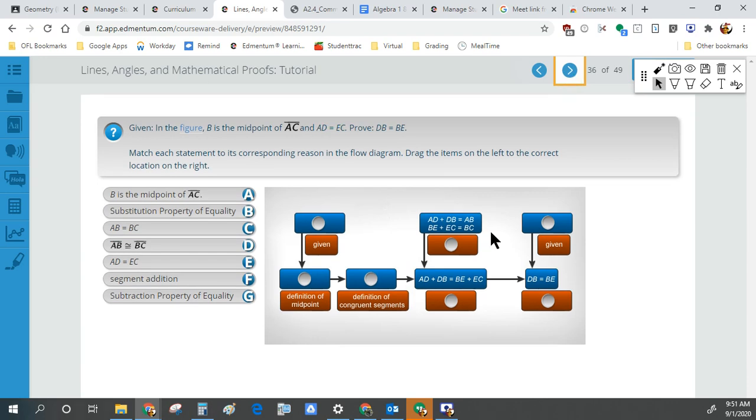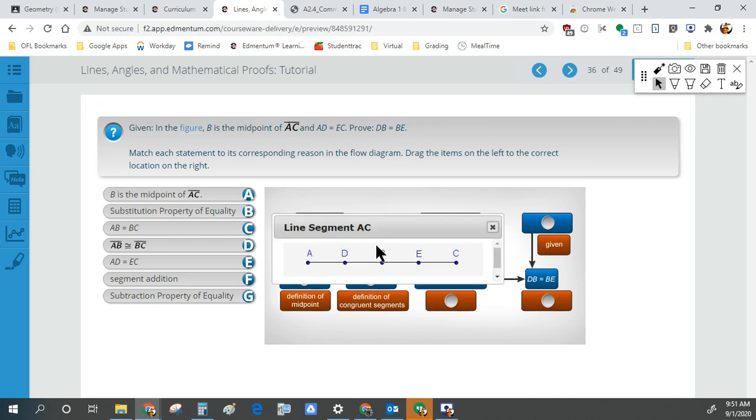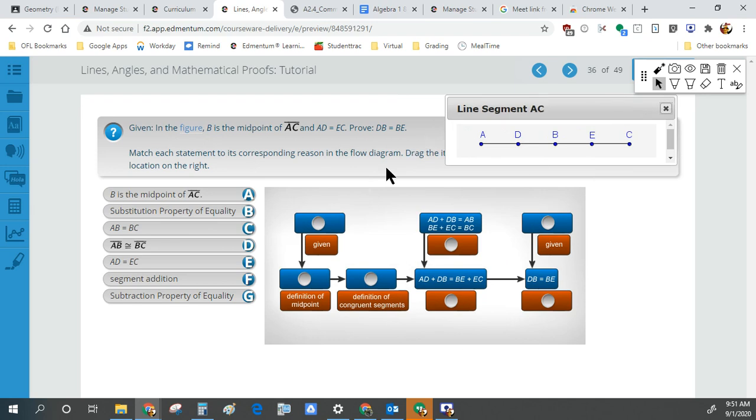All right. So now they're going to make us do this little flow proof. So what's given? Well, what's given is usually what's given, for lack of a better term. So we're looking at this picture right here. We're given the fact that AD is equal to EC. So AD is equal to DC.